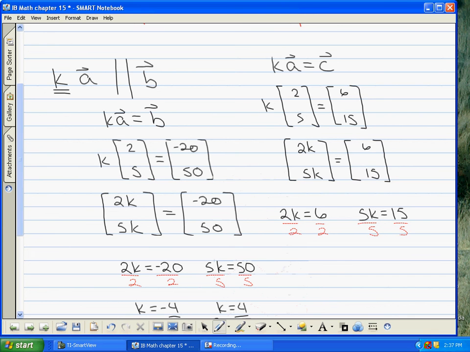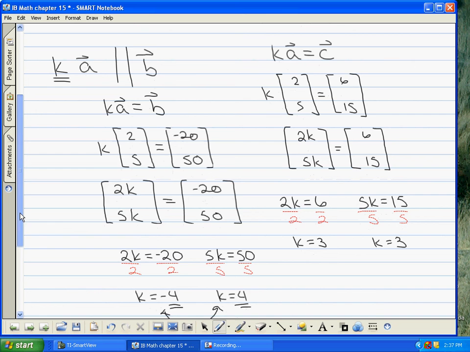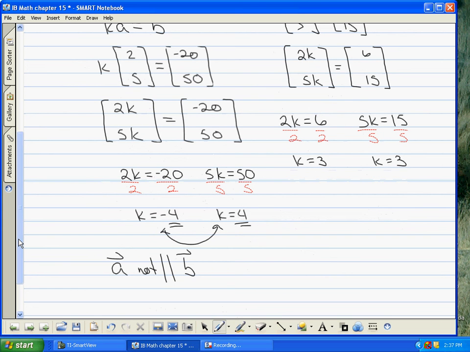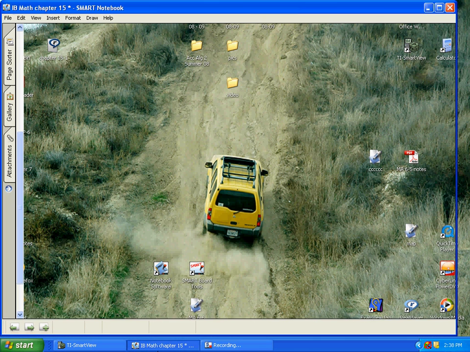I come up with k equals 3, and k equals 3. Notice, I have the same k. Therefore, I could say 3 times vector A equals vector C. Or, I forgot the little vector symbol, vector A is parallel to vector C.